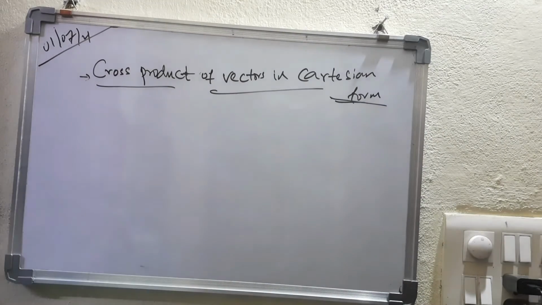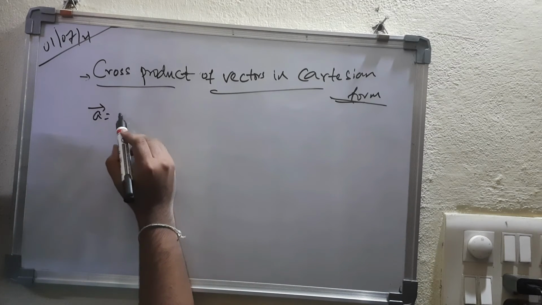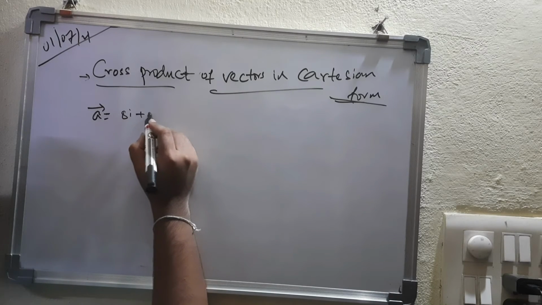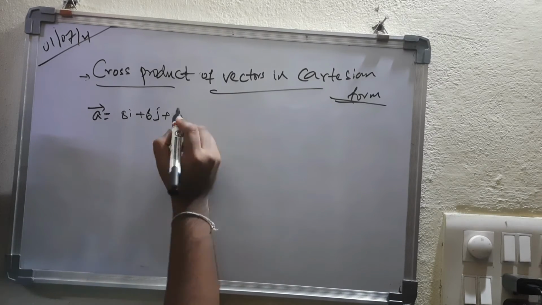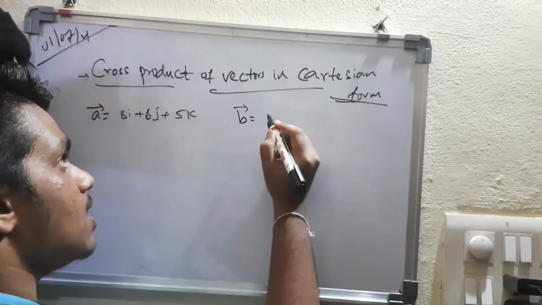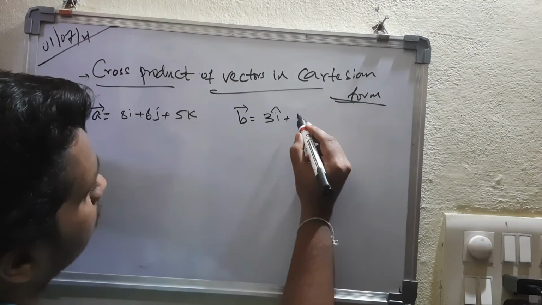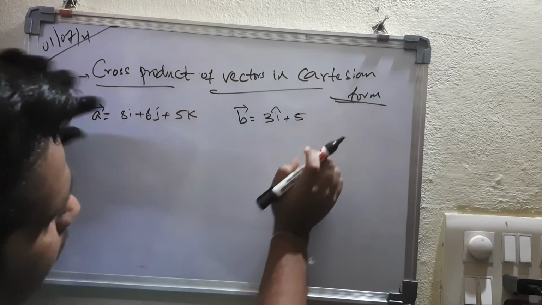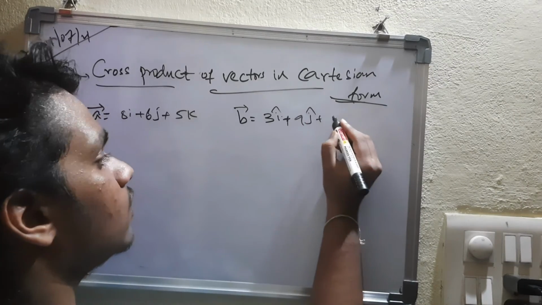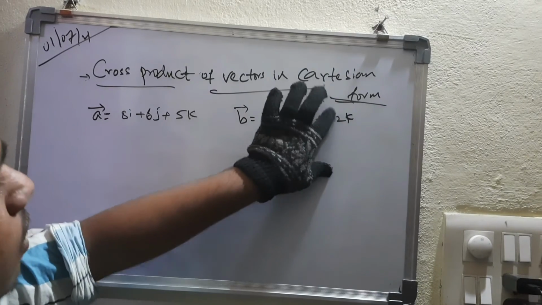Again, let A vector be 8i plus 6j plus 5k, and B be 3i plus 9j plus 2k. 12 becomes a bigger number, we'll take 2 instead.